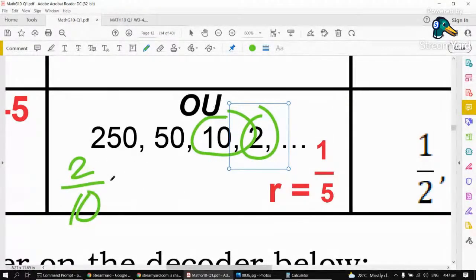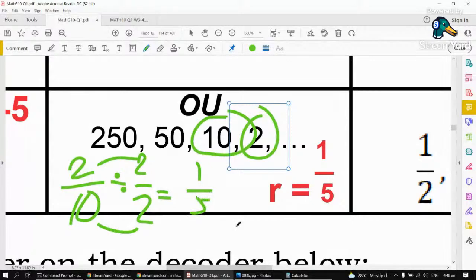So, lowest term natin, ano yung GCF or yung pinakamalaking number na pwede mag-divide sa 2 at 10, the GCF is 2. 2 divided by 2 is 1, and 10 divided by 2 is 5. So that's why ang ating common ratio is 1 over 5.